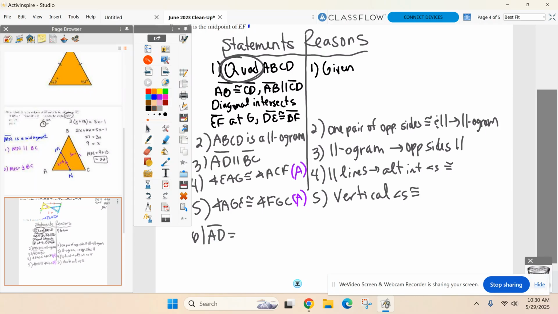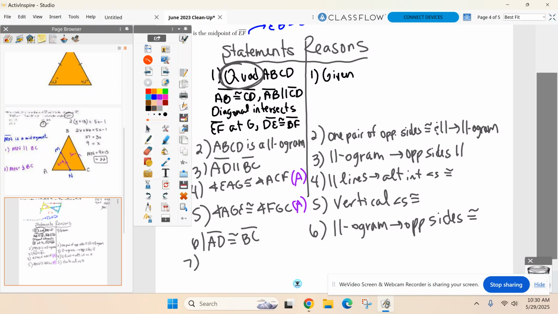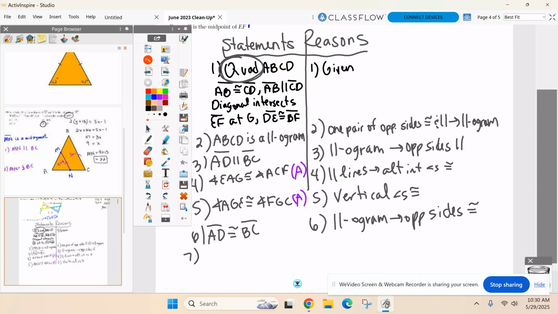This is going to be a long proof. Darn right it is. It's a 6-pointer. It's the big dog. Parallelogram implies opposite sides congruent. And then we do subtraction. Jeez, I haven't done this in ages. AD minus ED.